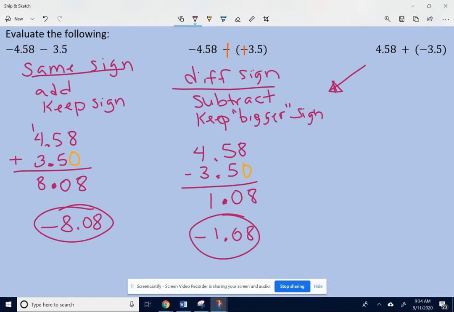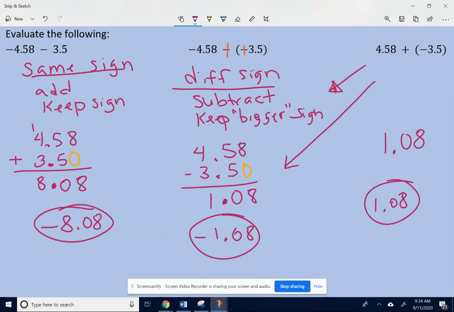So really, we're going to take 4.58 minus 3.5, which will give us 1.08, just like before, keeping the decimal points lined up. The only thing different about this problem than the middle problem is that the bigger sign in this problem is a positive. So we need to make sure the answer remains a positive 1.08.